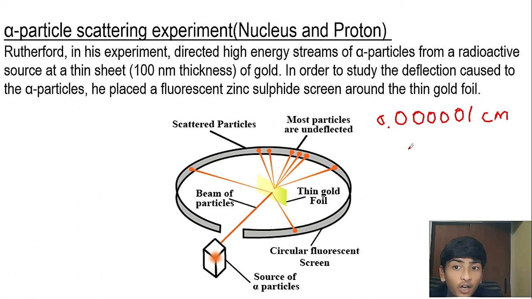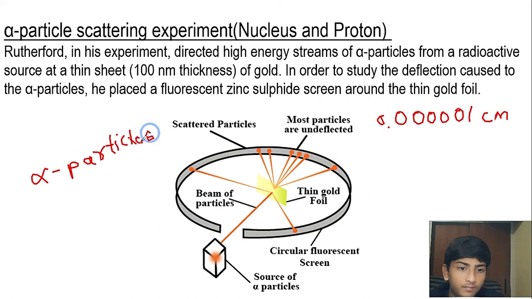In order to study it, he took alpha particles. These alpha particles are particles of the helium atom where the electrons are removed. Only that atom has protons. Those particles of helium are called alpha particles.